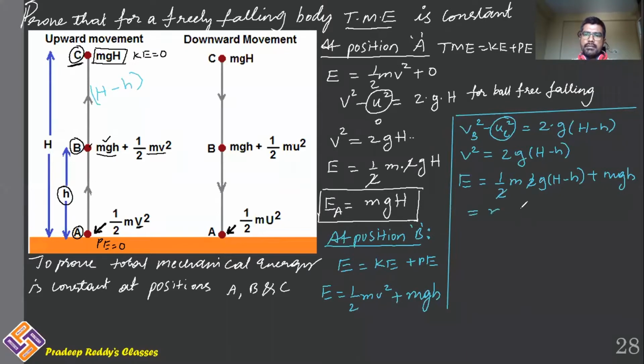That is mgH minus mgh plus mgh. These both get cancelled. Therefore, energy at B is also equal to mgH. So at position A, we have got mgH, and at position B also we have got mgH. Now let us take position C.